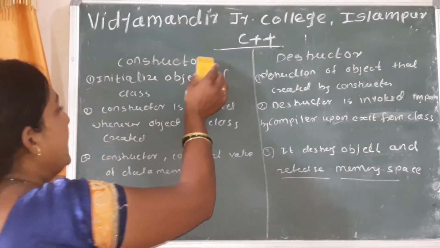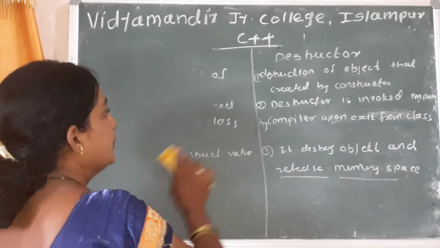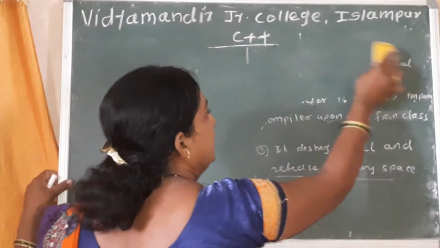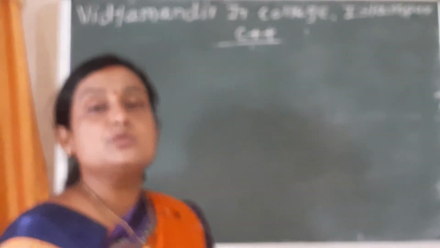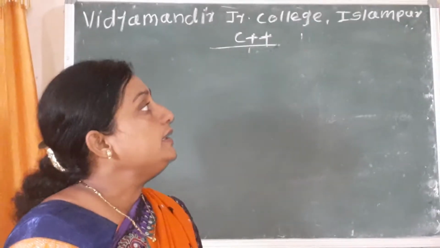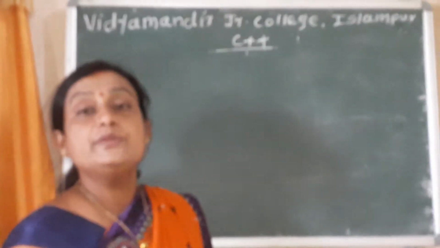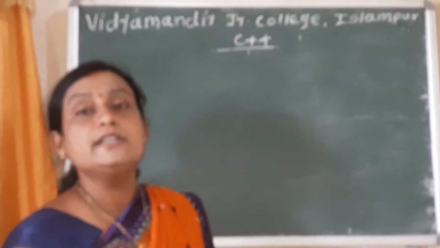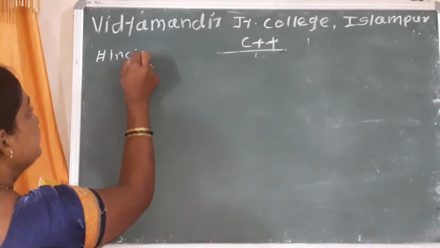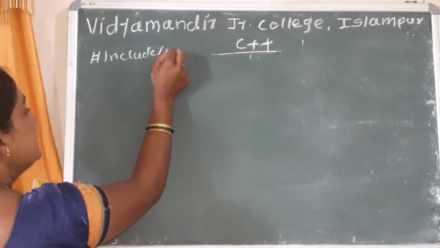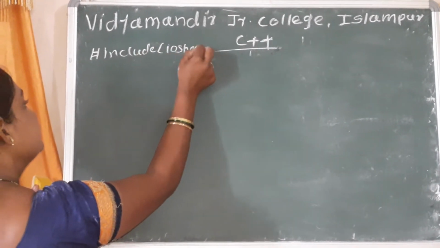Got it? Next, one simple program we can study on this point. Write a program in C++ to create the Fibonacci series of n terms by using a class as well as a constructor. #include <iostream.h>.